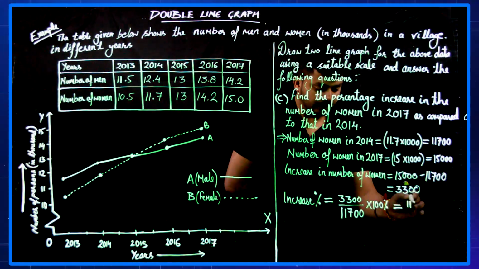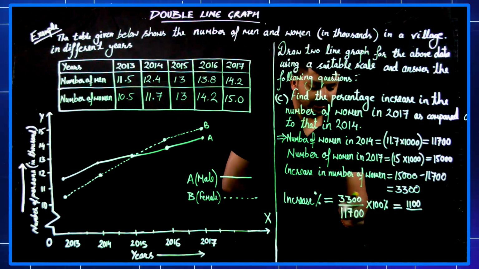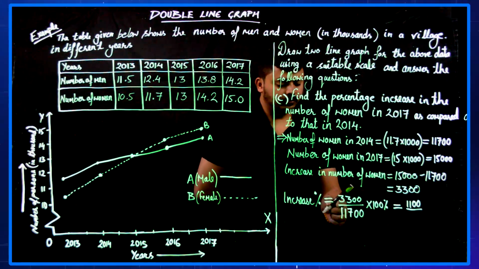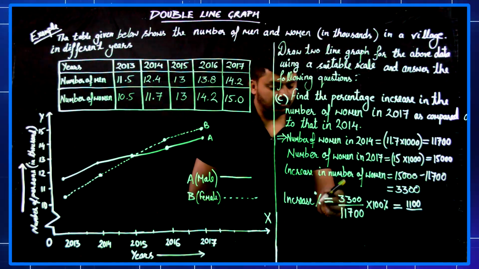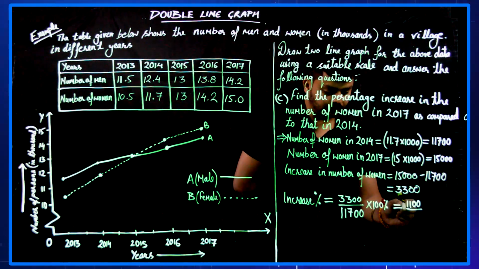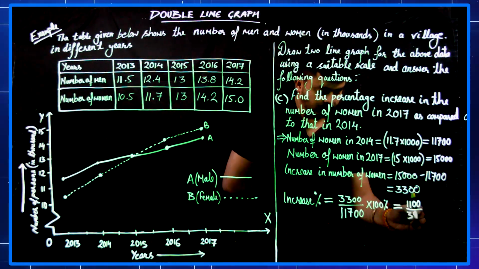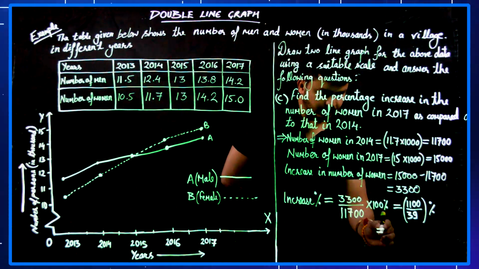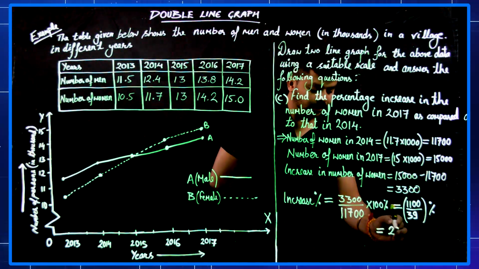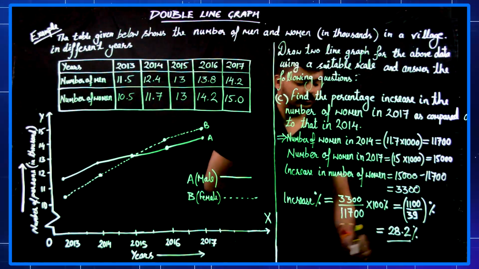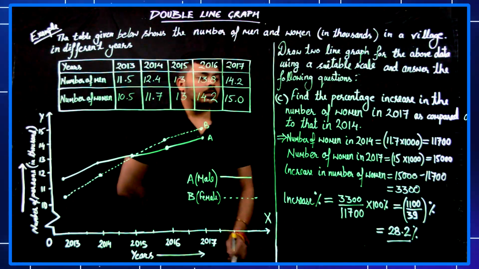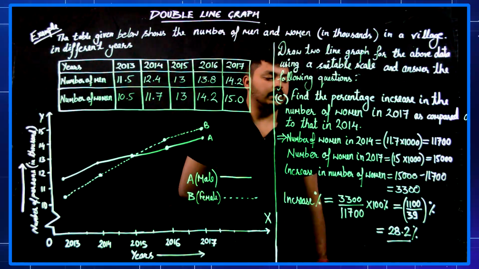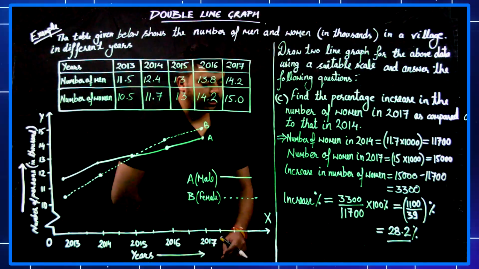We get 1100 by 39, when we divide both by 3, which is equal to 28.2%. So the percentage increase in the number of women in 2017 as compared to 2014 is 28.2%.